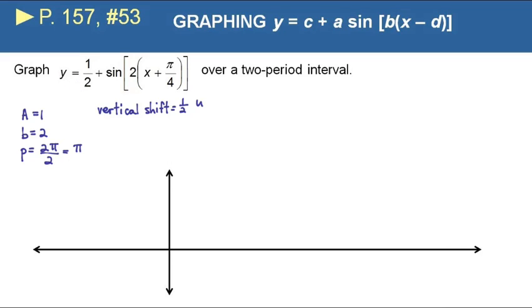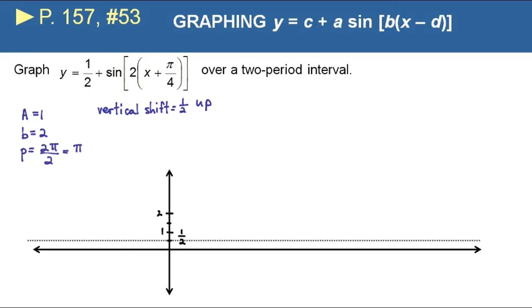Now, I've drawn on my y-axis 1 and 2. And then at the 1/2 mark, I've put a horizontal line because we know that our vertical shift is 1/2. So this horizontal line represents the new center of our graph.